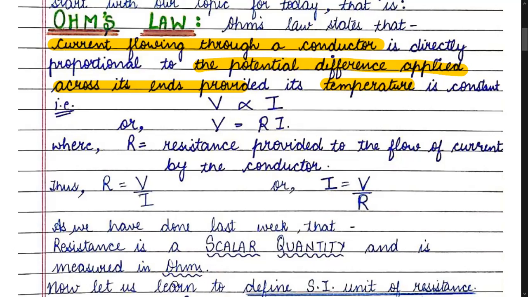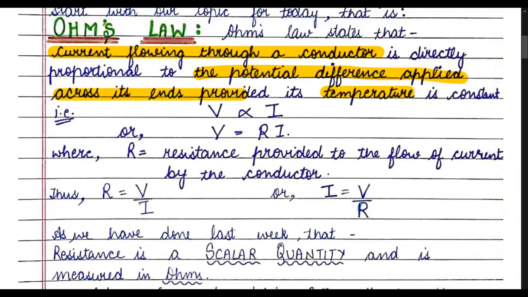So what does this statement mean? Students, it means that if we have a conductor and we connect the ends of the conductor with a cell or a battery, such that there are two terminals of a cell, a positive potential and a negative potential.